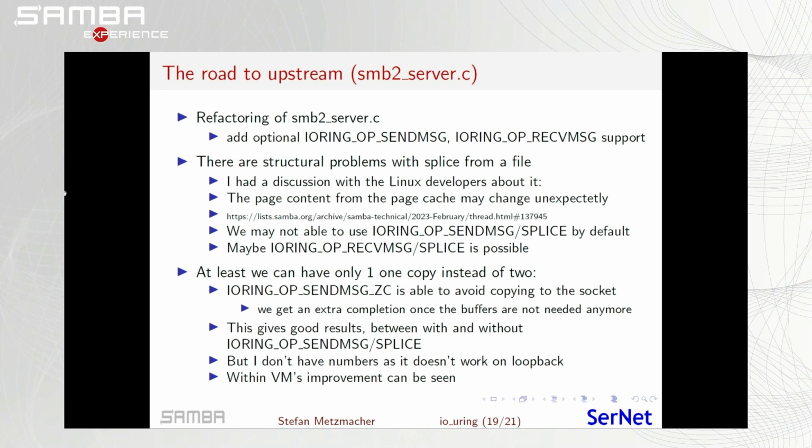I don't have real numbers here because it doesn't work on loopback interfaces, because that would mean the same problems where the sender and the receiver would still share the pages, and if the sender later modifies them, the receiver would get modified data, and that's the reason why the loopback code doesn't do the zero copy stuff.